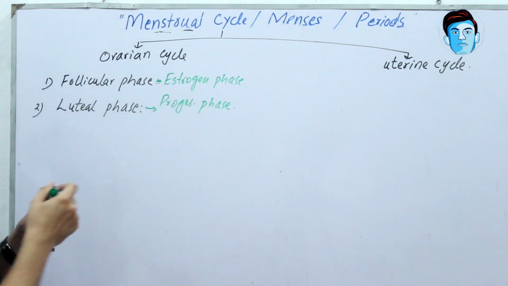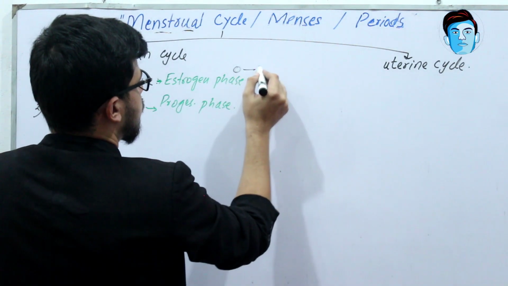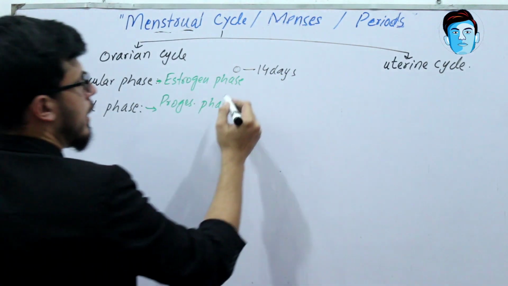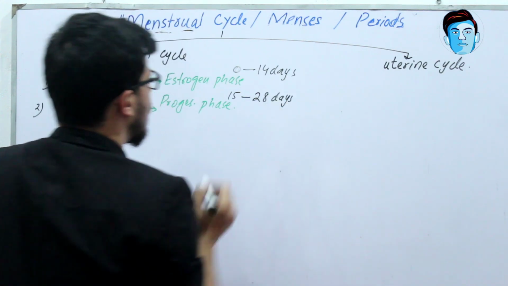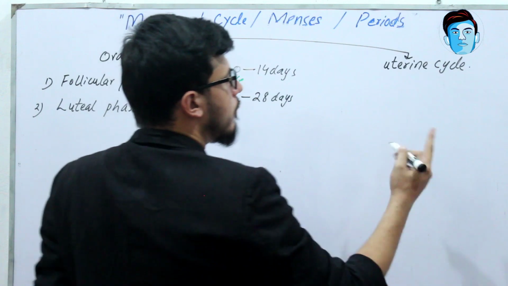The follicular phase is from day 0 to 14, while the luteal phase is from day 15 to 28. Now, coming to the uterine cycle, it consists of three phases.